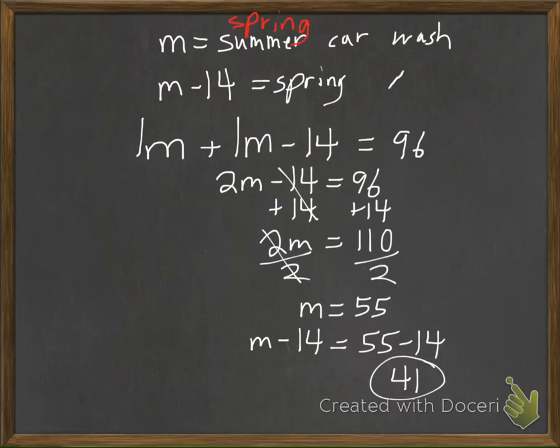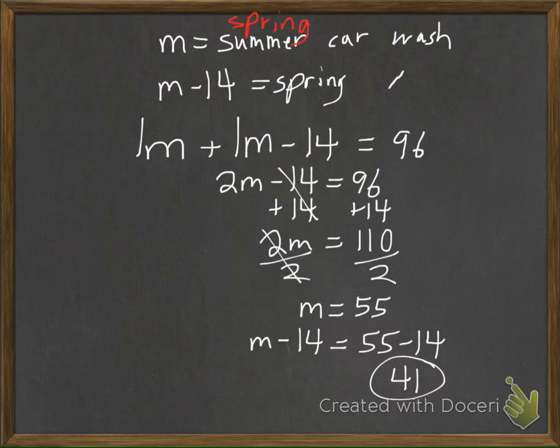The reason you still got the same numbers is that depending on whether you set your variable up to be spring or summer, it would be the same equation, just one would be minus 14 and one would be plus 14. But it would still be incorrect, because you're telling me that in the summer car wash they washed 41 and in the spring 55, instead of 41 in the spring and 55 in the summer. Does that make sense? Okay.